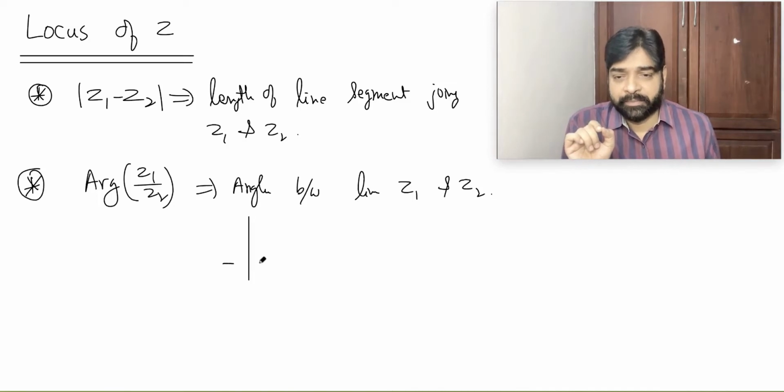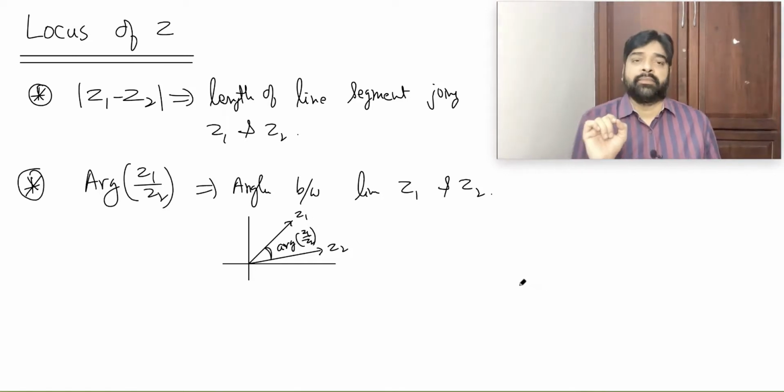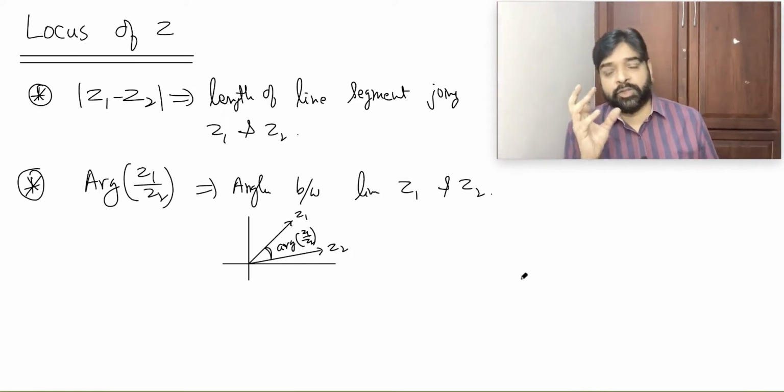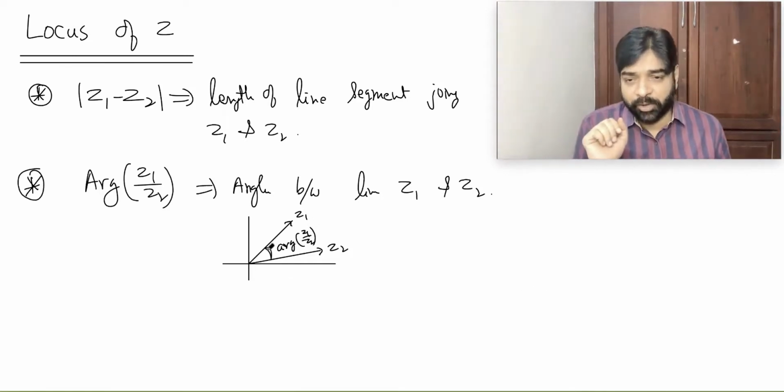Yes. This is the picture. This is called the argument of Z1 by Z2. You should feel it, you should visualize it. Yes, this is what is going to happen.